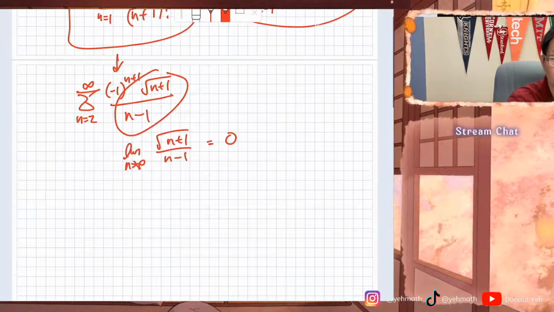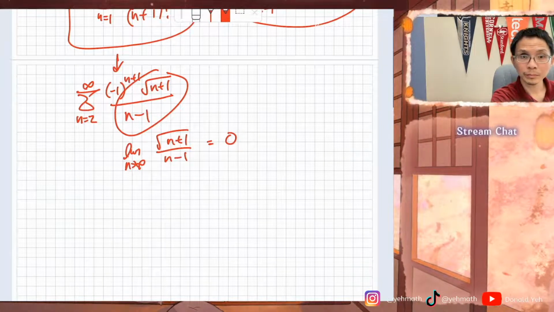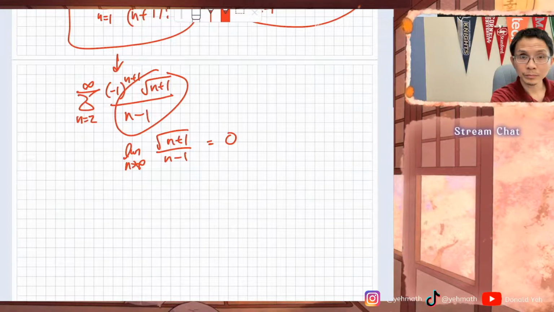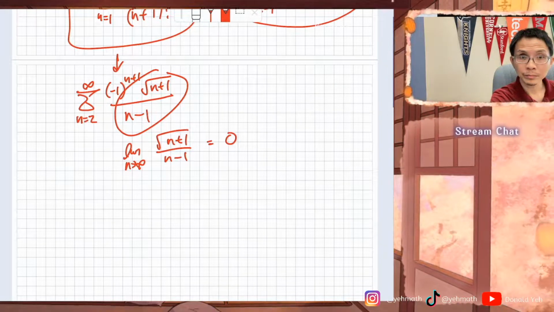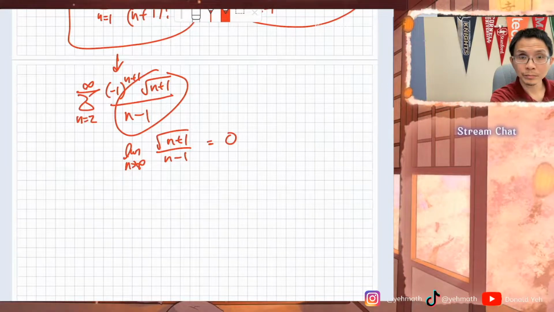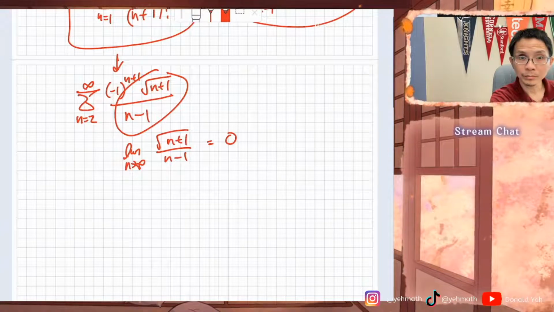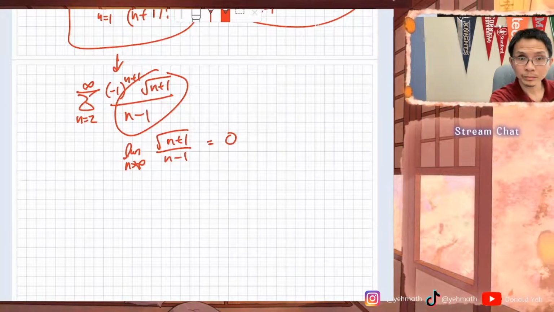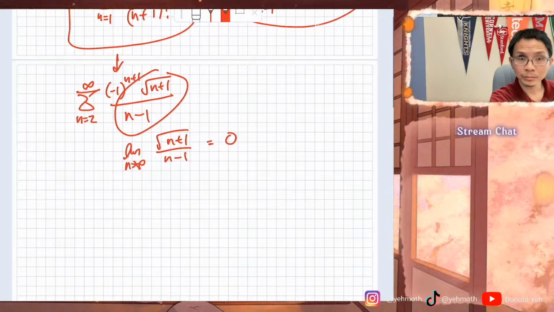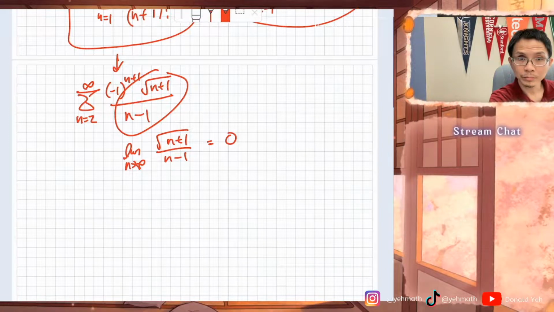It should be decreasing here. And we keep on going.